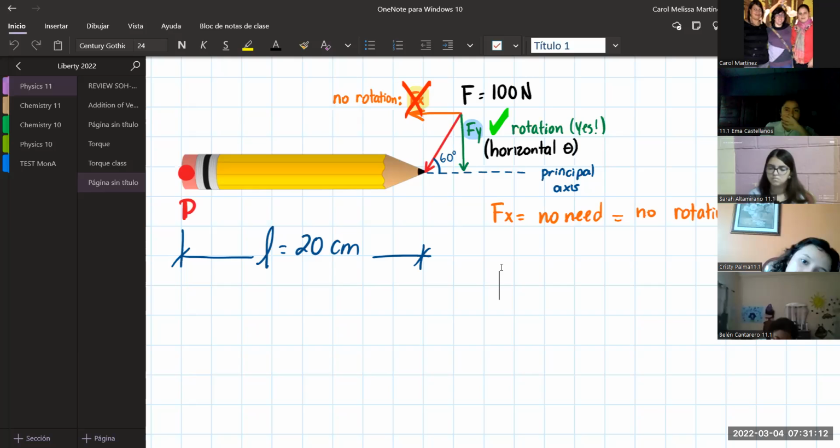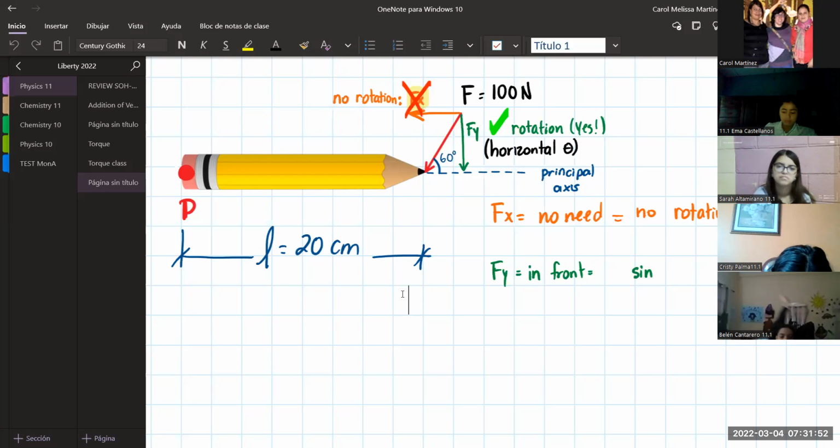But Fy, we have to. How can we get the component Fy? We're going to be using trigonometry. How is Fy according to the angle? Horizontal angle, so it is in front of the angle. So we're going to be using sine.